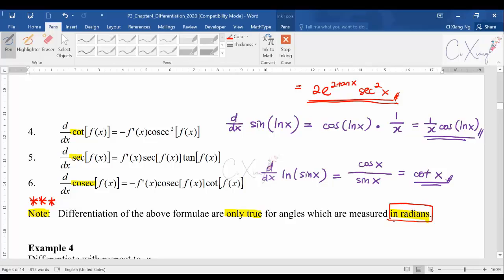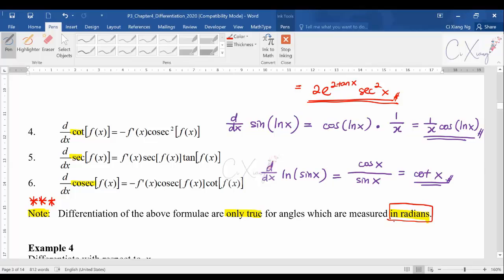Degree only appears in purely trigo equations. For application questions where they want you to sketch graphs for trigo, sine, and so on, most of the time the calculation part that involves trigo only refers to the angle in radian. So please stay on that. We will discover this more when you answer more questions later.